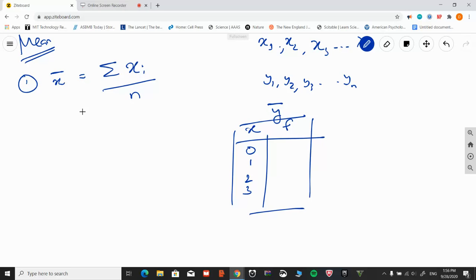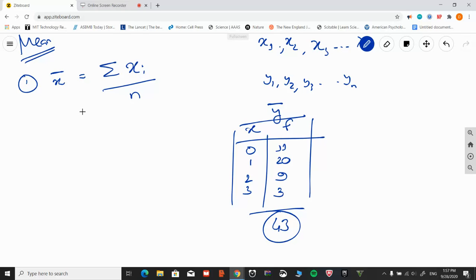Let's say 11 families in a city have no pets. Let's say 20 families in a city have one pet each. Let's say 9 families in the city have 2 pets each. And finally, only 3 families in the city have 3 pets each. So there are a total of 43 families in the city.